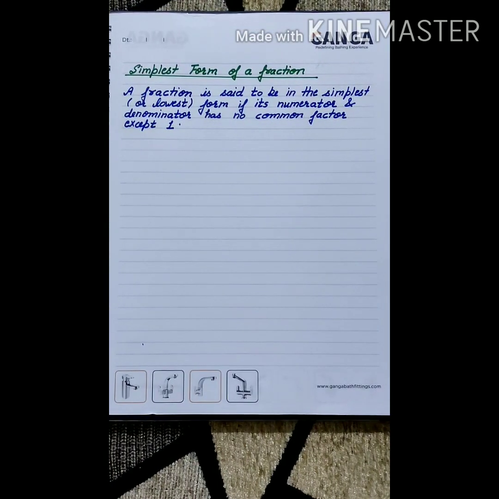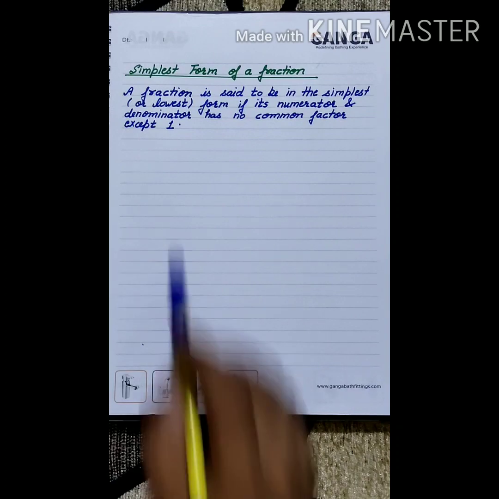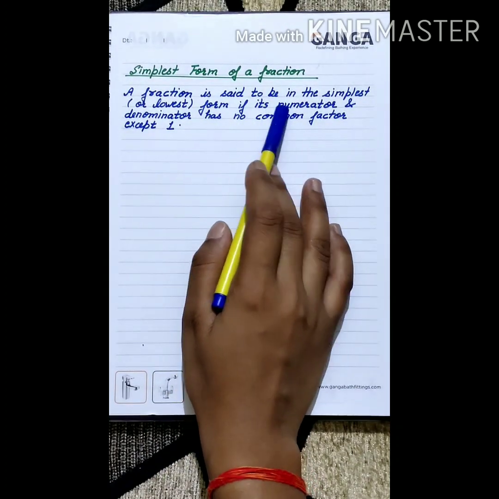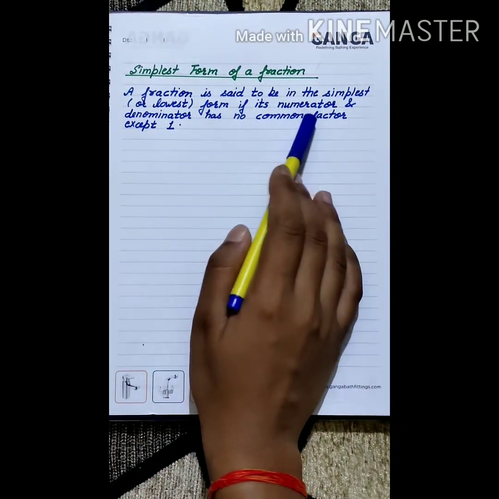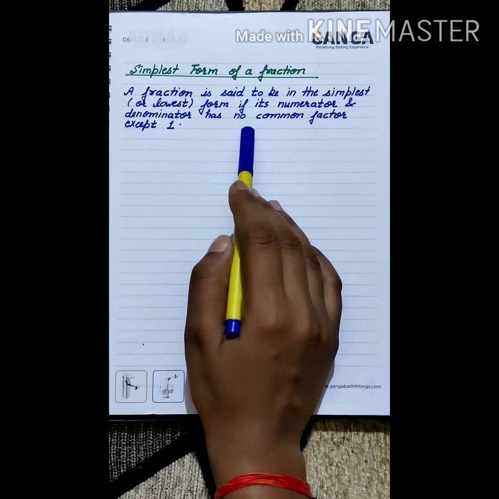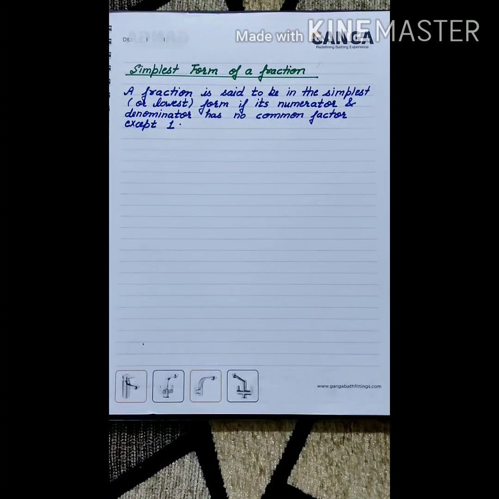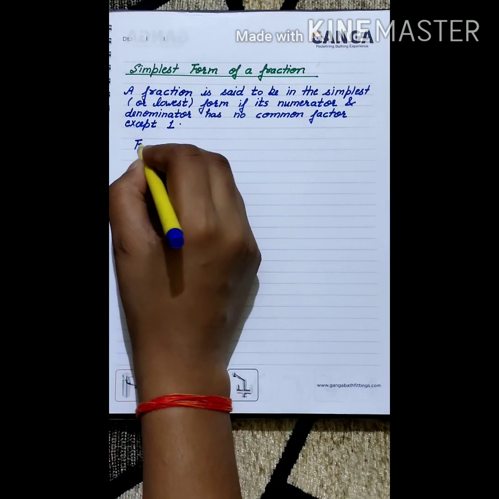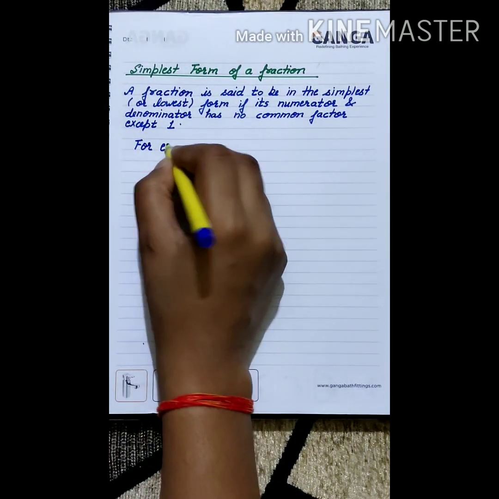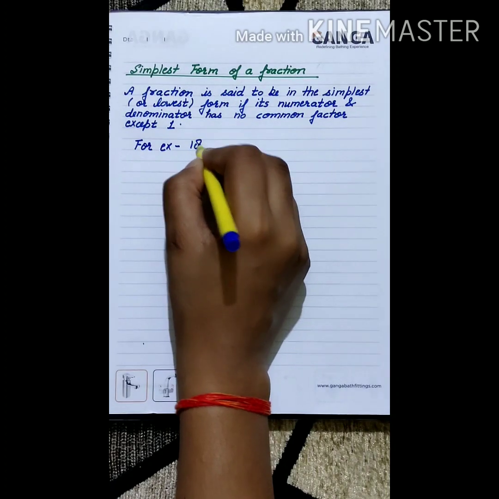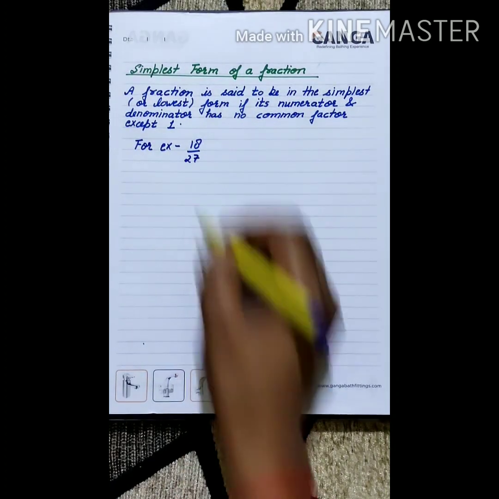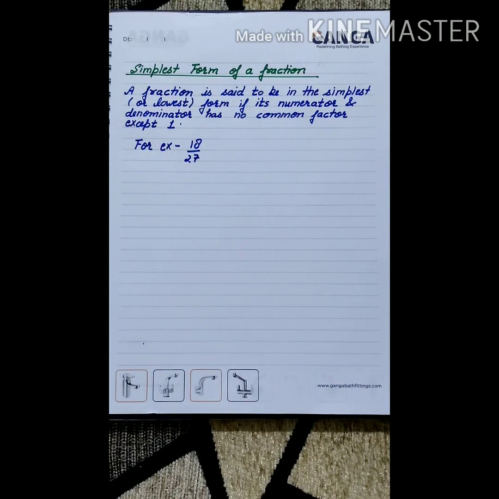Let's understand simplest form of a fraction. A fraction is said to be in the simplest form if its numerator and denominator have no common factor except 1. Let's understand with this example. For example, if I take 18 upon 27, this fraction is not in simplest form because in numerator and denominator we have 9 as a highest common factor.